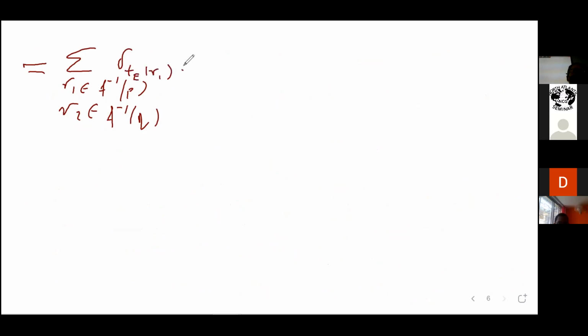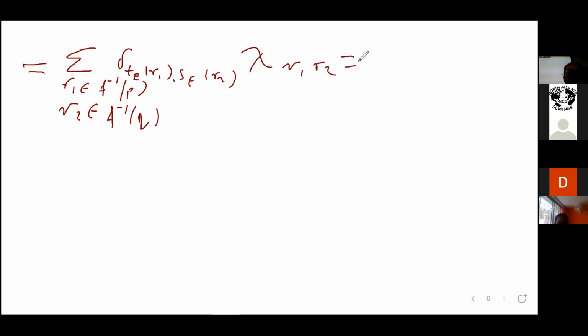So maybe I will just rewrite what I had on the previous page. So this is R1 running over the preimage of P, R2 running over the preimage of Q. And here I have Kronecker's delta, t of R1, s of R2. And here I have chi R1, R2.